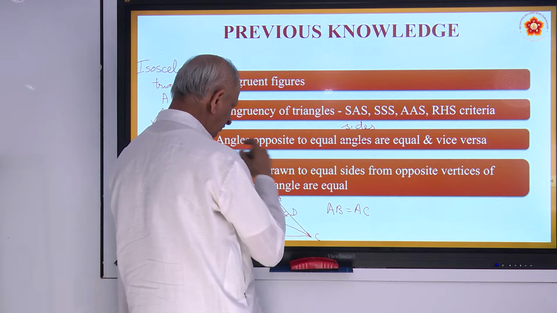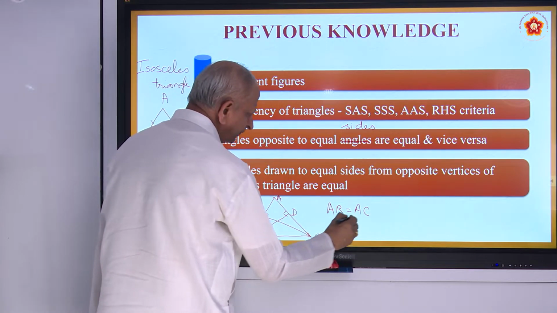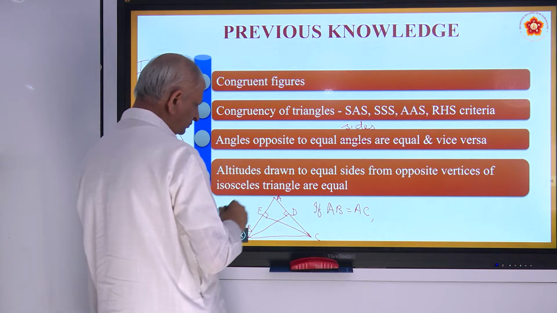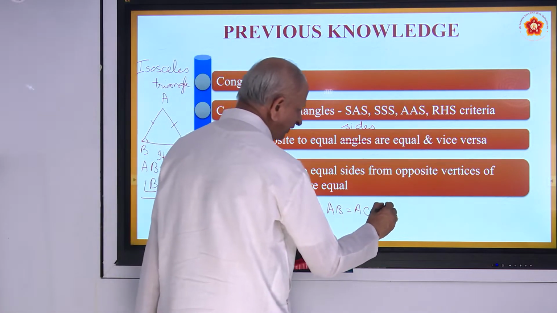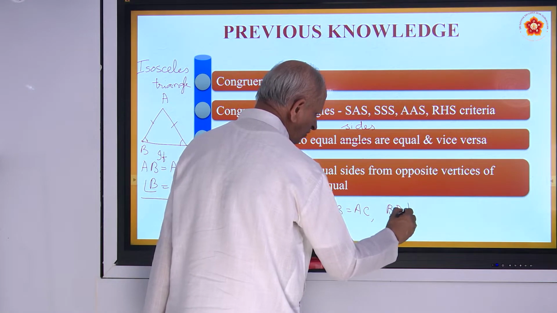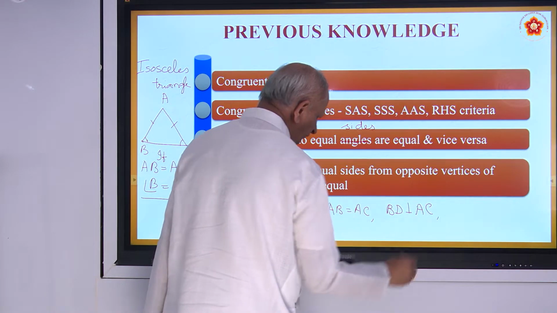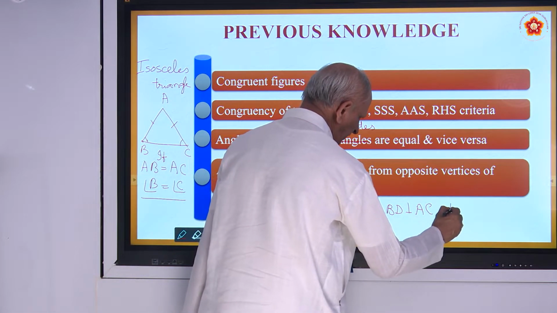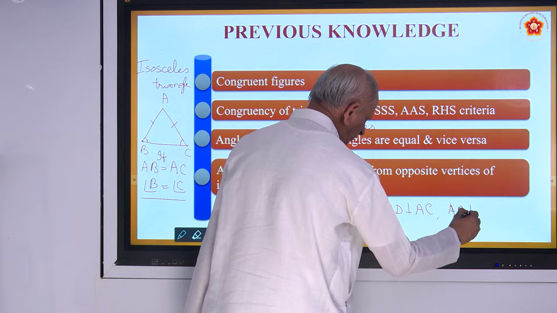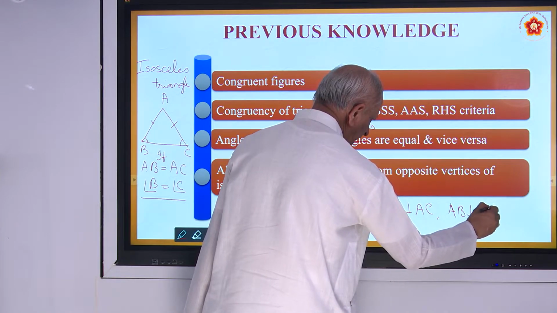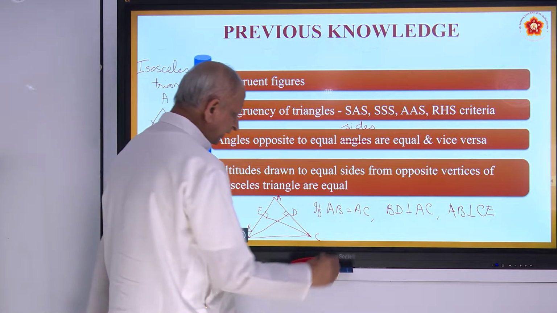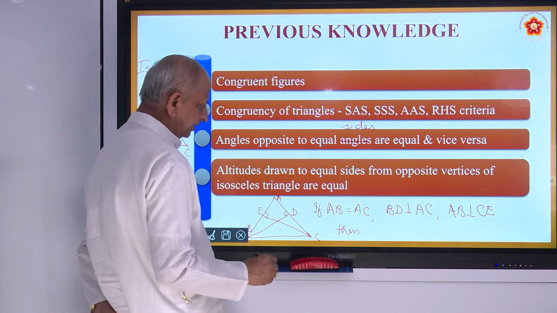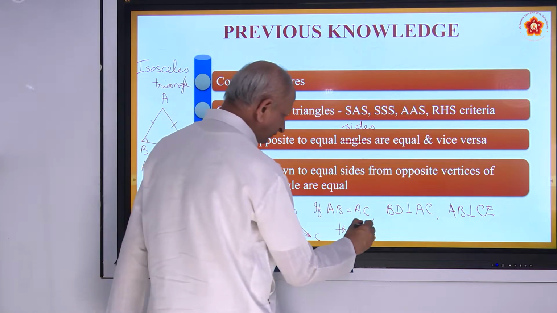So this property says if AB is equal to AC, and BD is perpendicular to AC, that is called an altitude, and another one, EC perpendicular to AB, then the altitudes will be equal.